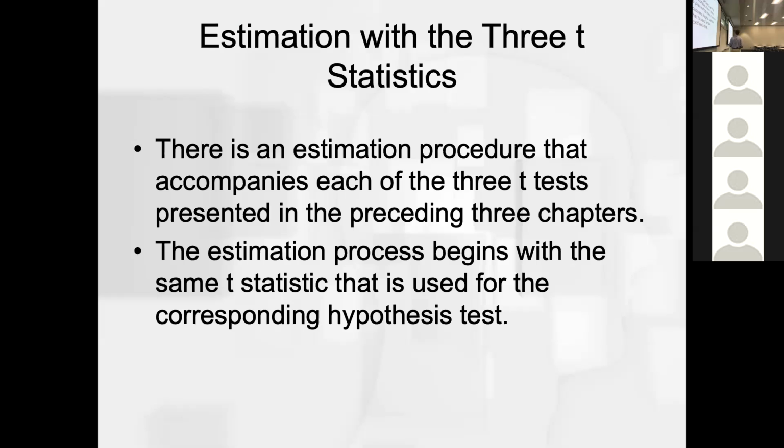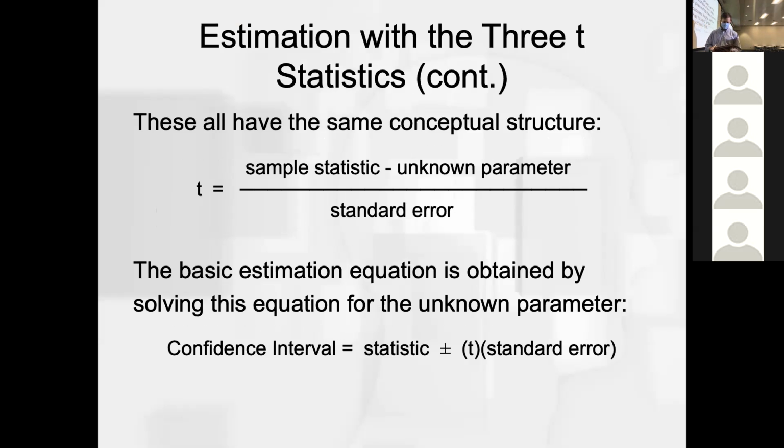All right, so there's an estimation procedure that accompanies each of those 3 t-tests that we've already covered up to this point. The estimation process begins with the same t-statistic that's used for the corresponding hypothesis test. We should all know at this point how to calculate that t-statistic for the independent measures or the repeated measures t-test.